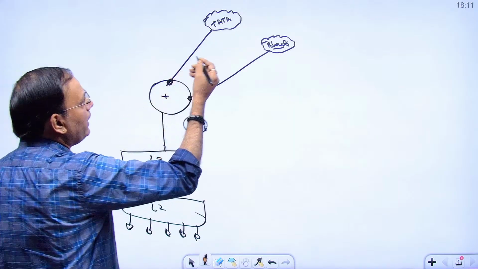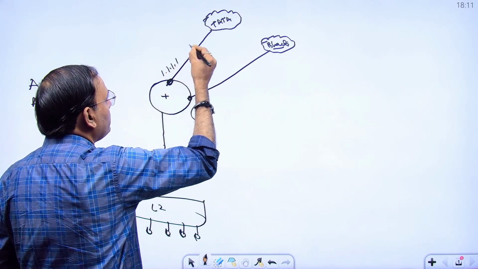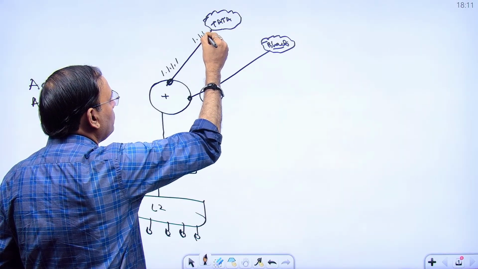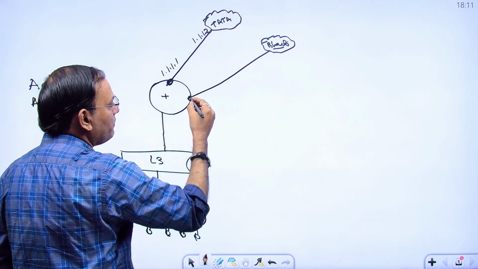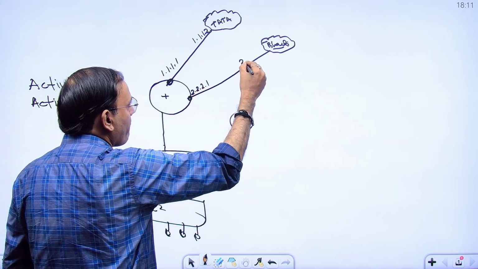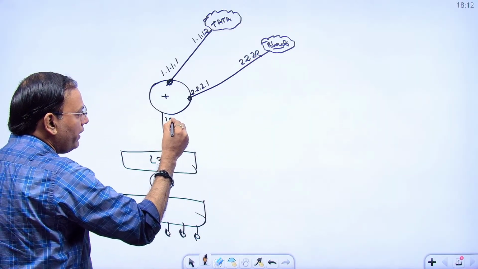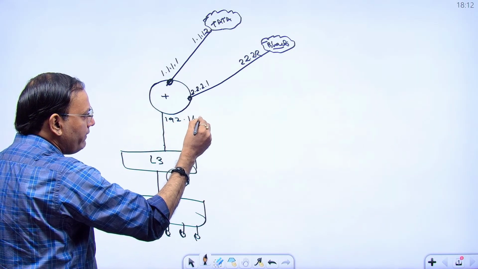So let's say you have Tata and Bharti, and the IP address configured on your Tata side is 1.1, 1.2, and the subnet mask is /30. Same with Bharti. Okay, and then on the LAN we have one private IP configured.